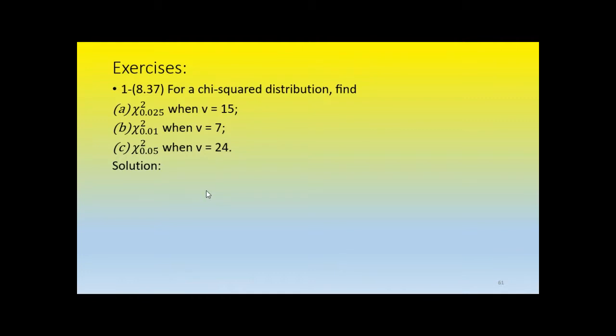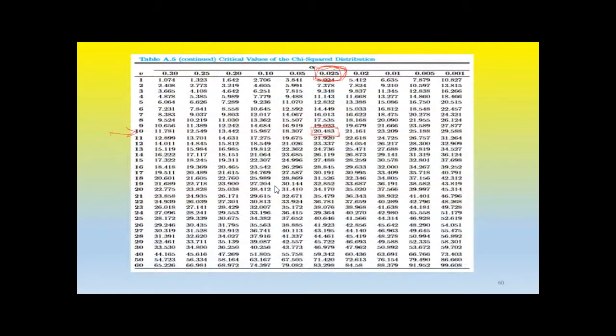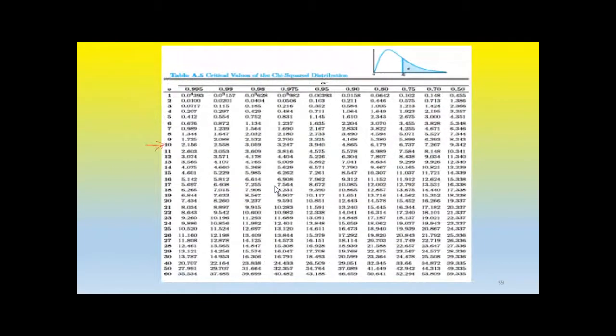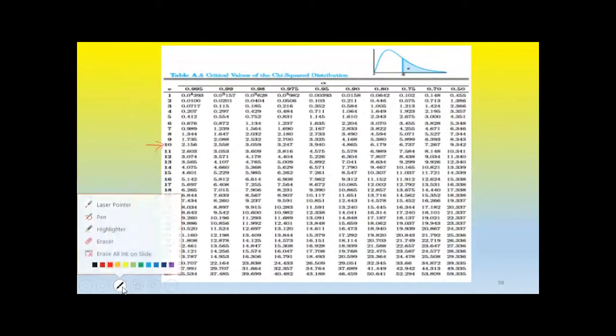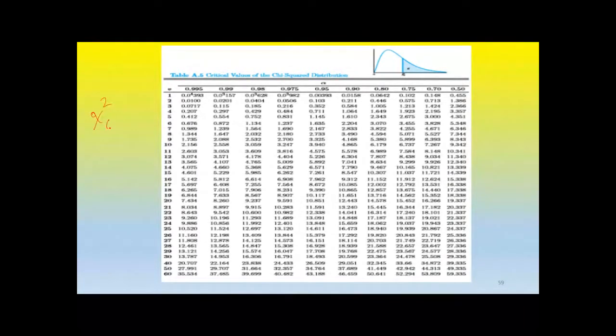So note down chi-square 0.05, alpha value 0.025, and degrees of freedom 15. Now, for all three terms, we will find an answer from the chi-square distribution. First I am finding the value for chi-square 0.025 when degrees of freedom V is 15.